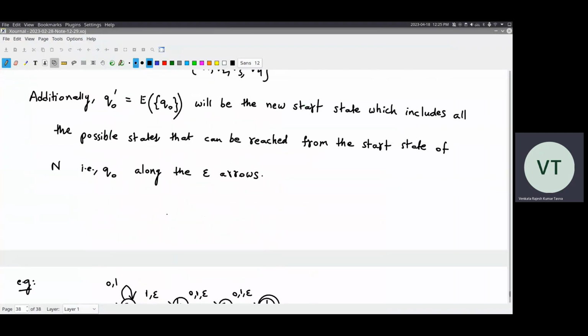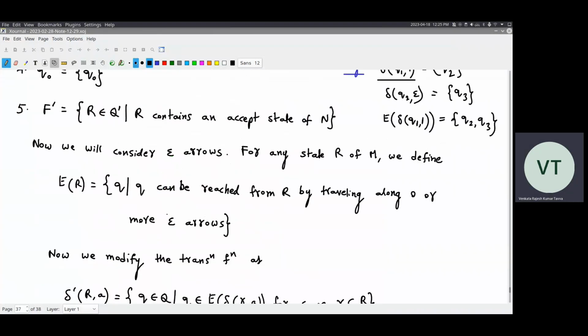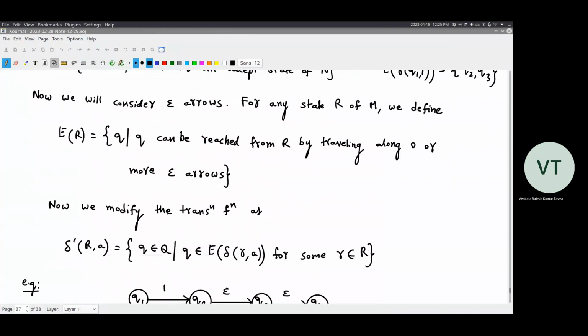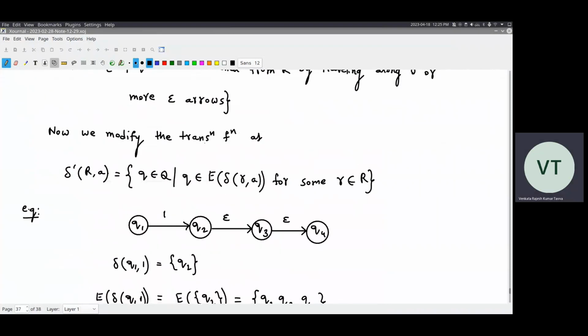We first considered the case of converting NFA to DFA without epsilon arrows. Then we considered epsilon arrows also. And then we modified delta dash function. You see here. Now we modify the transition function as delta dash RA equal to set of all those Qs where Q belongs to E of delta RA. Earlier Q was belonging to delta RA. So from now we should follow this only. We should always include epsilon arrows. Okay.